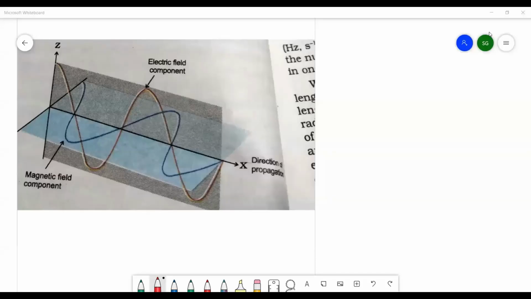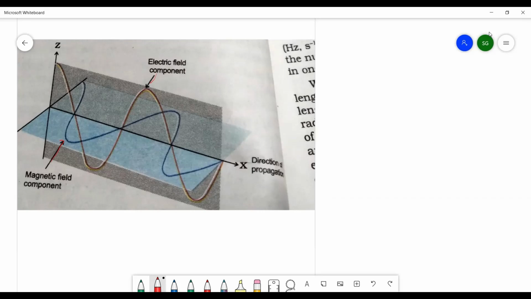Now in this chapter, the next topic we are going to discuss is electromagnetic radiation. Electromagnetic radiations are the waves associated with both electric and magnetic fields, meaning both the electric field component and the magnetic field component can oscillate.